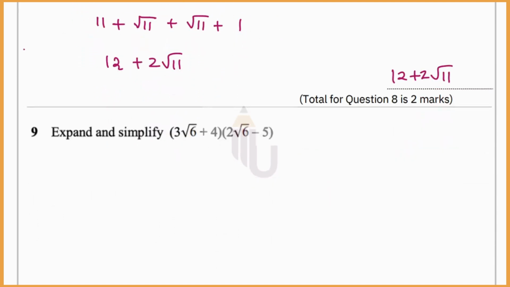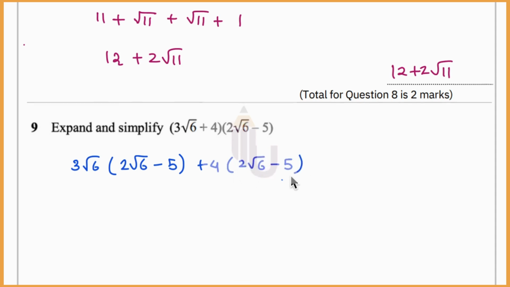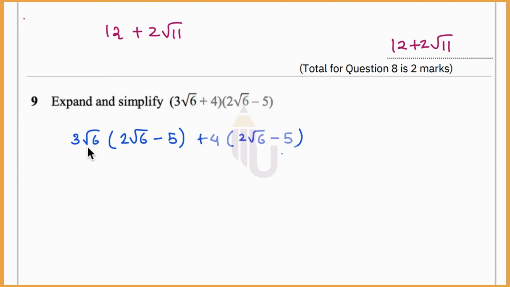Ninth question. Now in ninth question, we have a different term, so we need to be a bit cautious while multiplying it. So first we will just distribute it like this, and then we will deal with them individually. Now 3 root 6 times 2 root 6 can also be written as 3 times 2 times root 6 times root 6. 3 2s is 6.